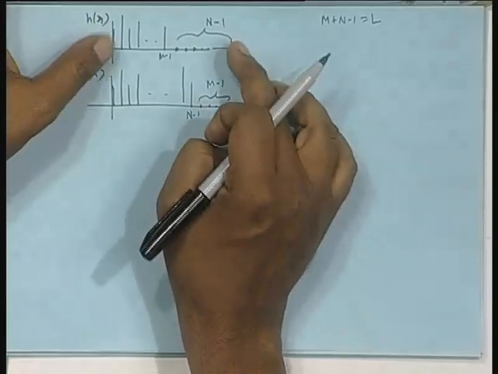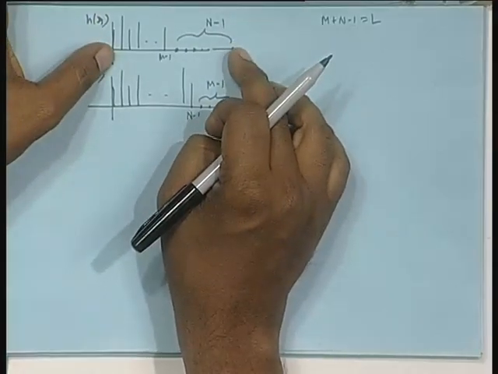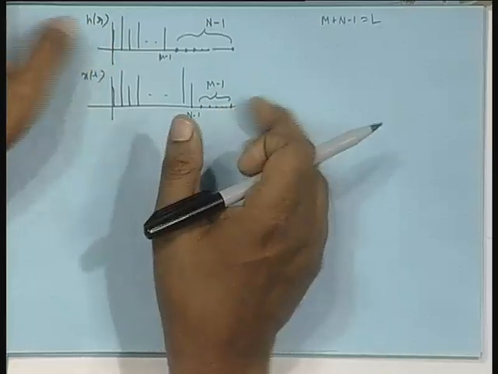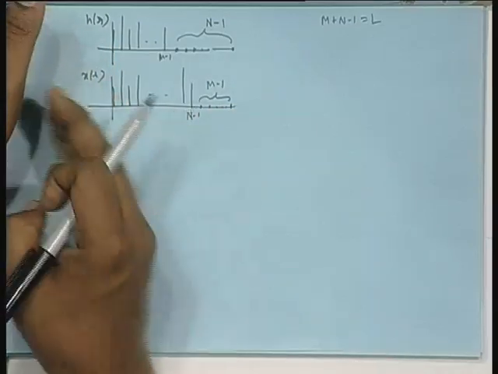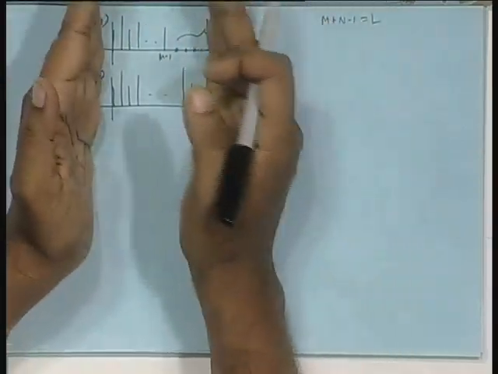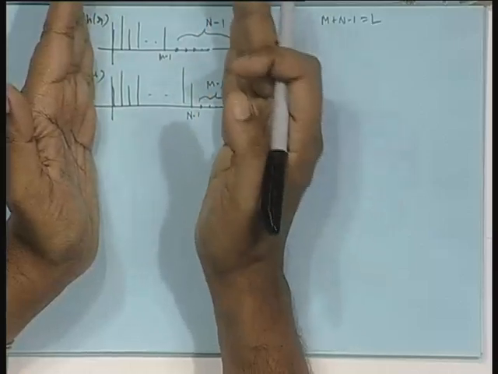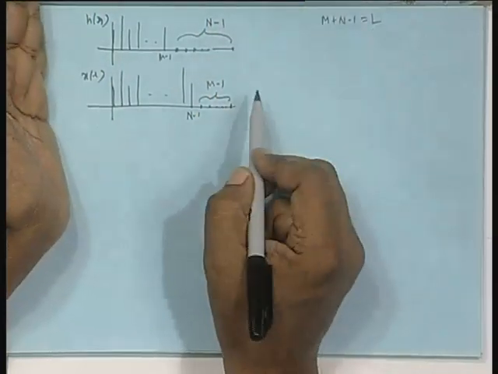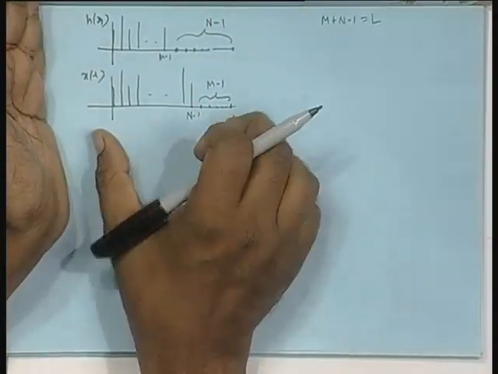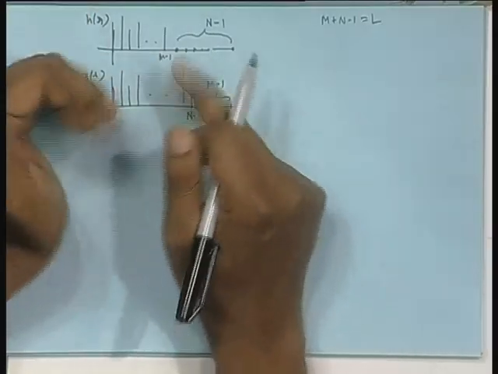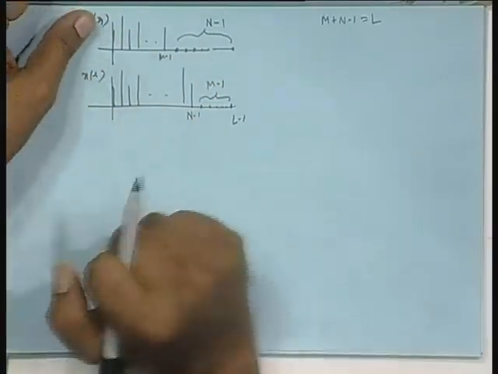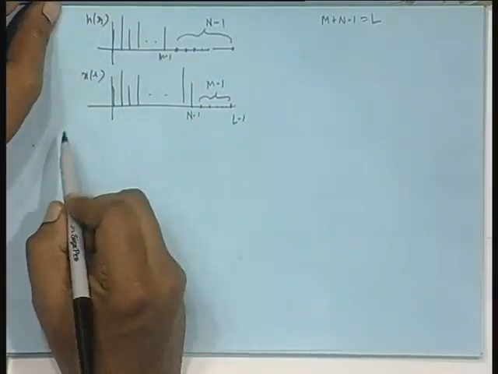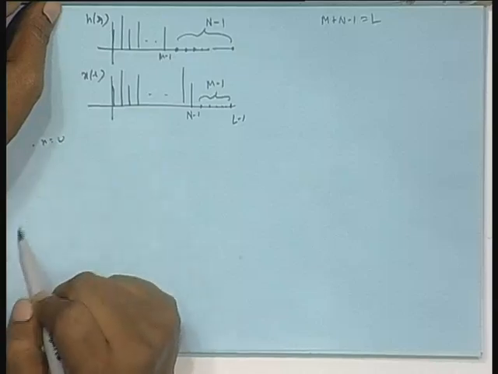I will hold this top one as it is, make a periodic version of this, reverse, shift, and then chop off the right side and left side, right of this point and left of this point. This point you can call L minus 1, 0 to L minus 1, length is L, and then sample-wise multiplication and addition.